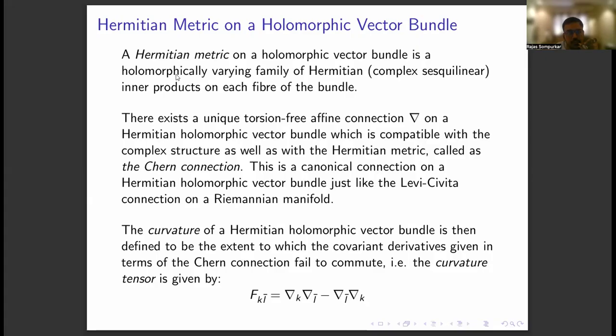So we have the notion of a Hermitian metric on a holomorphic vector bundle, or as Prahlad said, also on a complex vector bundle. Then for these metrics, just like in Riemannian geometry, we have affine connections.